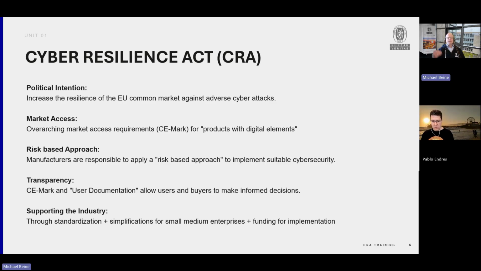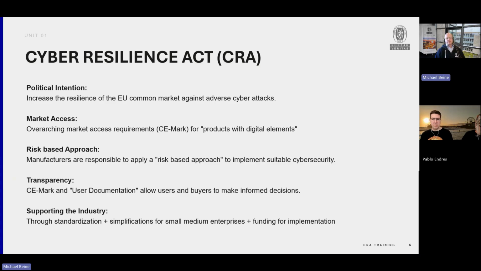To give a detail here, the law says the minimum is 5 years. So the clear expectation is that products with digital elements get security updates free of charge for 5 years. That's quite a difference to what is currently the common practice for many products.